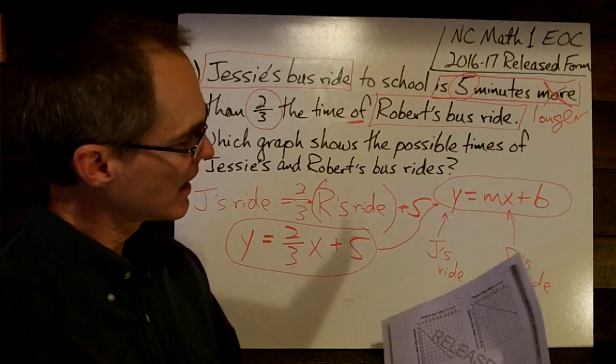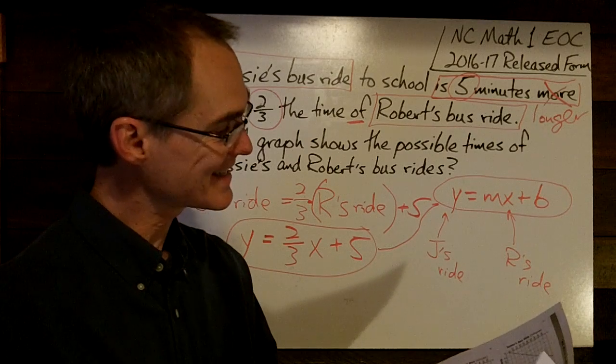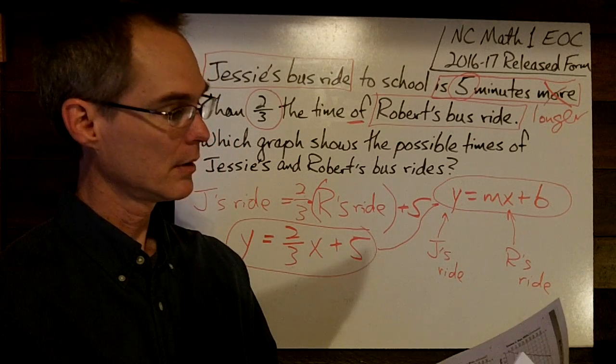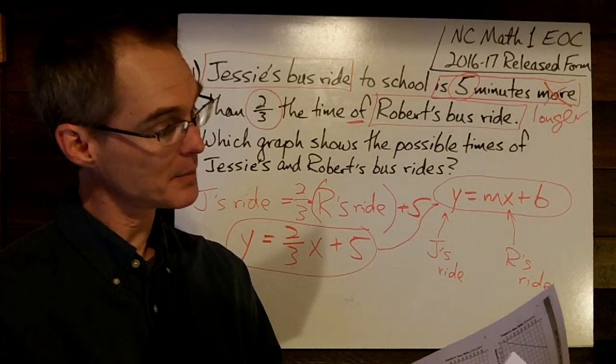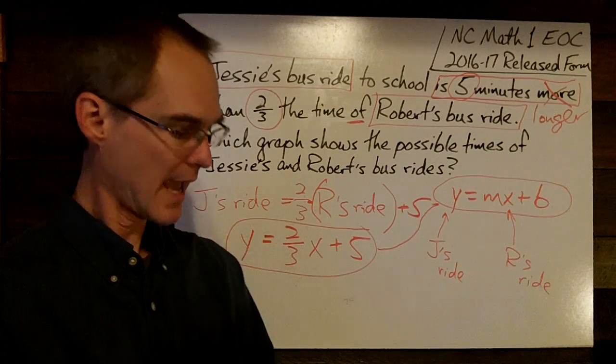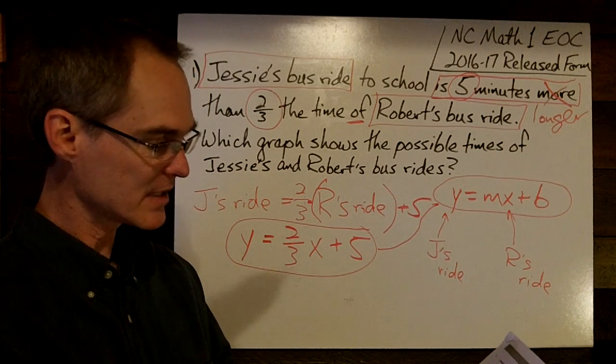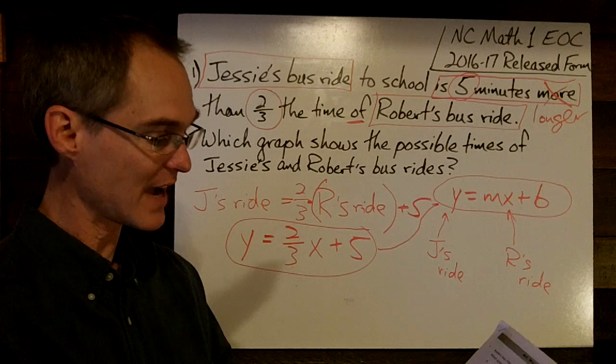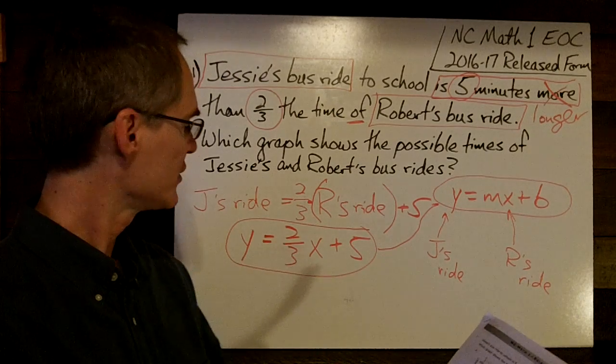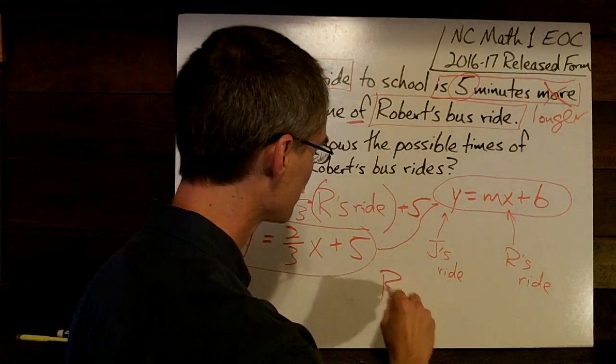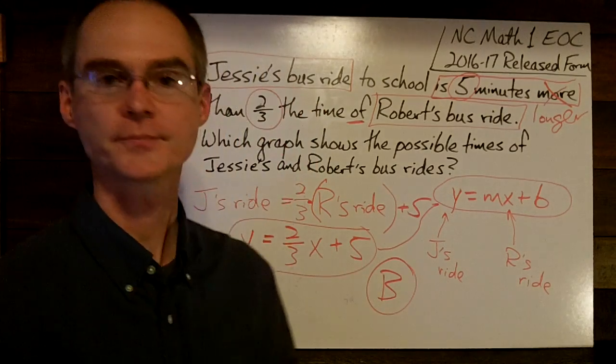And since answer choice C is steeper than a slope of 1, it must have a slope that's greater than 1. And answer choice B is the only one that has a y-intercept of 5 and a slope less than 1, so answer choice B must be my answer.